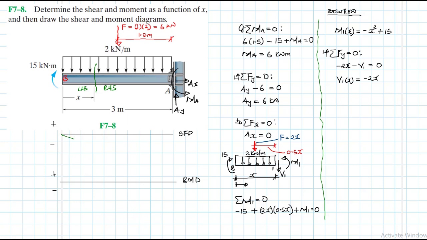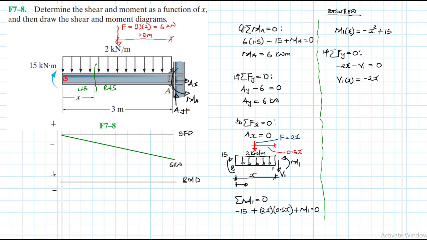So negative, so this is just going to be constant throughout, like so. This is fine. Because we have this value here of 6 or negative 6 kilonewtons.